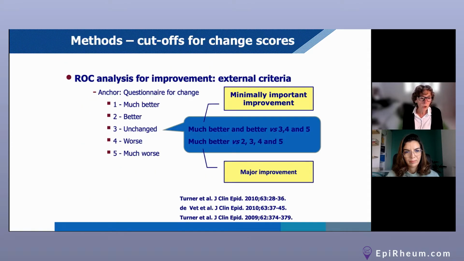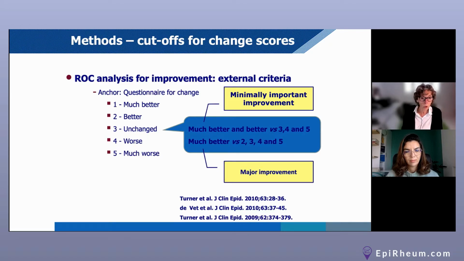And then also you need to have external criteria to define a cutoff for being better. Here we decided to have a minimally important improvement and also define a major improvement. And we had a questionnaire for the patients if they were much better, unchanged, worse, or much worse than the previous visit.